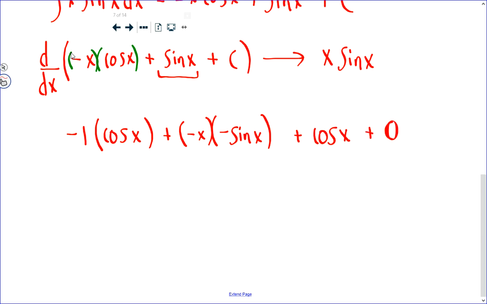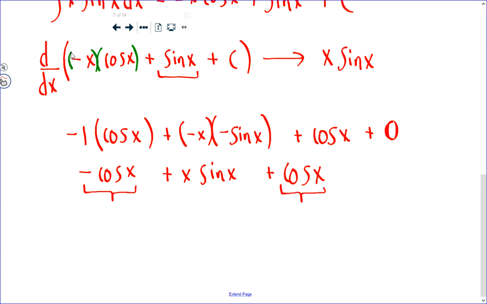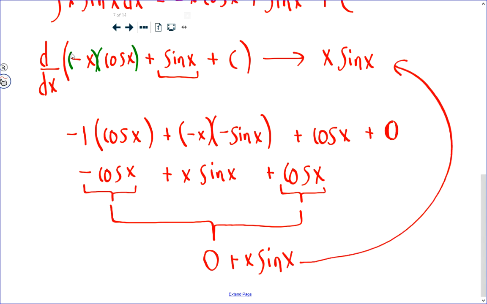So what we end up with is negative cosine of x plus x sine x plus cosine of x. Well, the negative cosine of x plus the cosine of x equals 0. And then we have that middle term, which is x sine x.